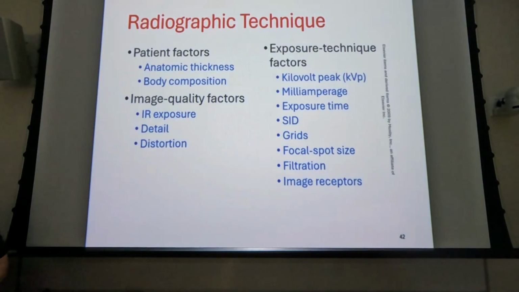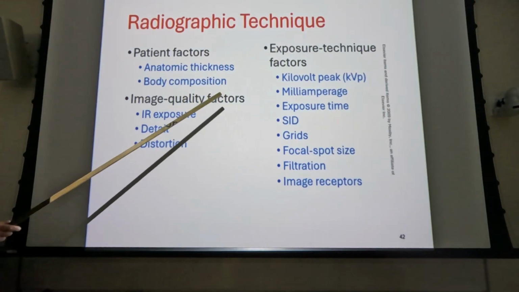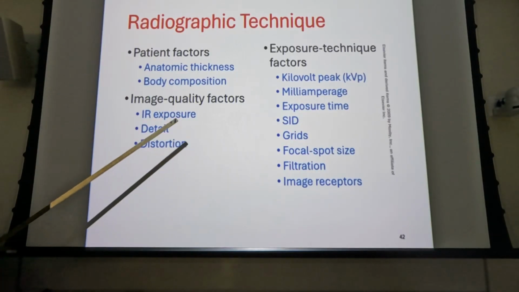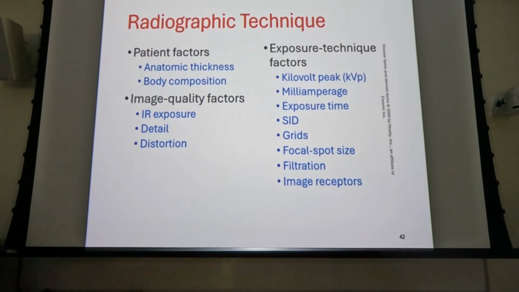All right. So what's going to affect your technique? Well, we've got patient factors, image quality factors, and exposure technique factors. Some of these things we're going to talk about in different chapters. Grids, for example, and image receptors as well.